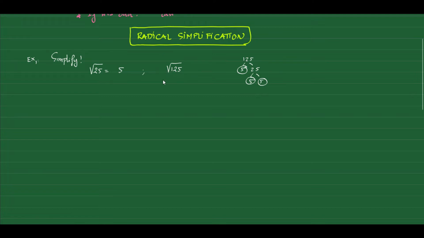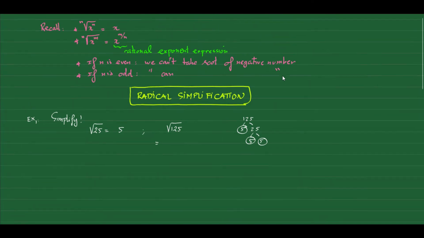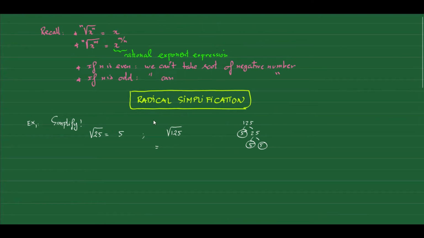The index here is 2, because it's a square root. So I'm going to rewrite 125 as 5 squared times 5, because we have 2 fives here and 3 fives in total.